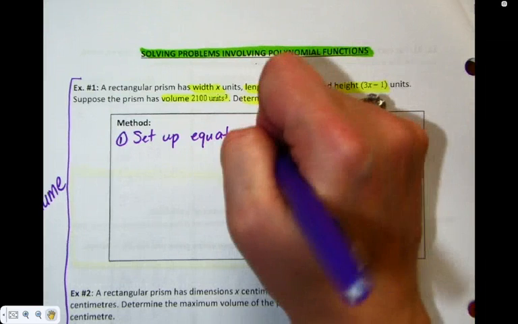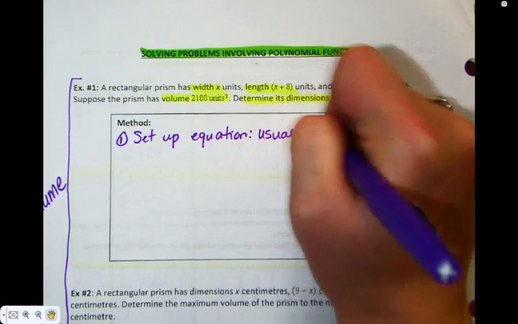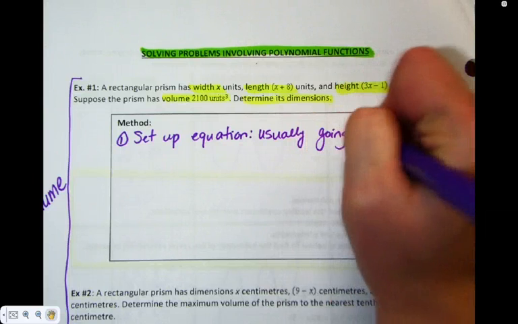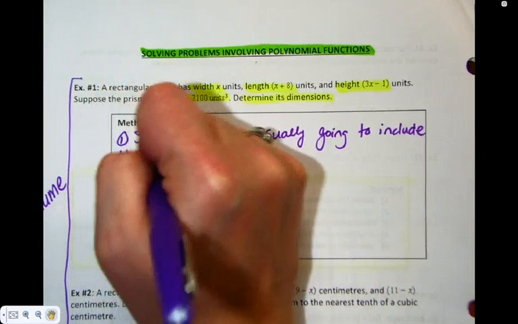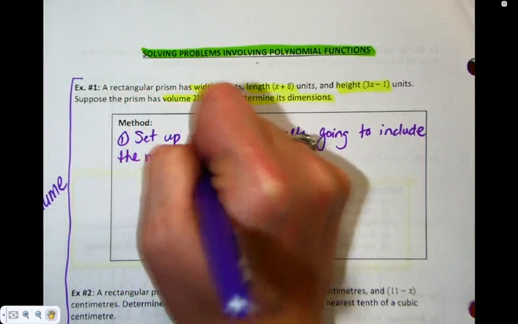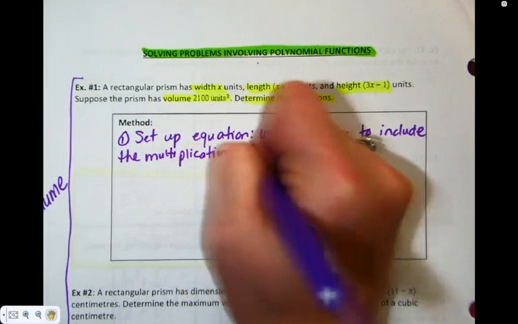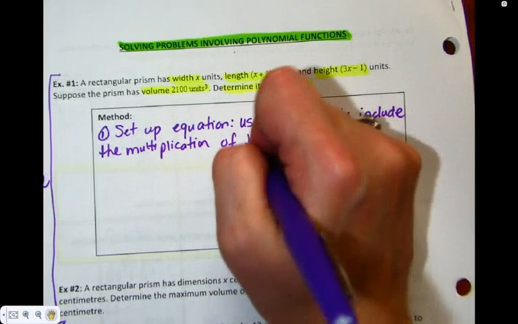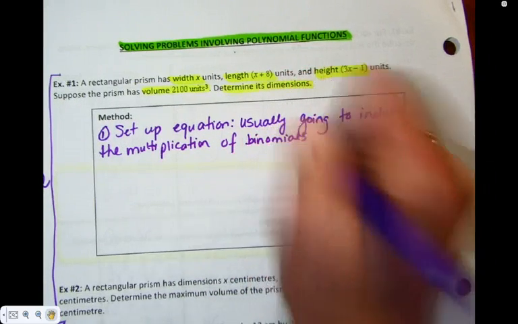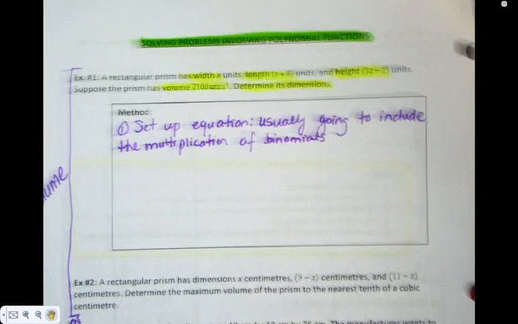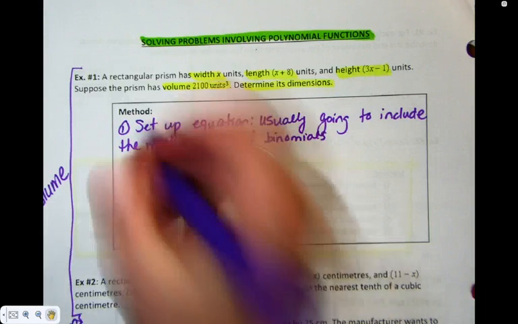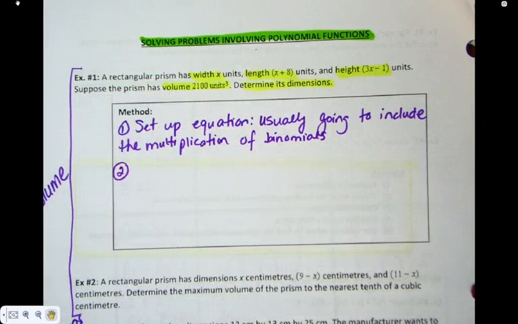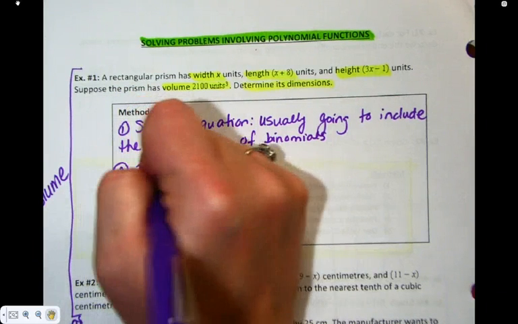So it's usually going to include the multiplication of binomials. Toss into calculator.